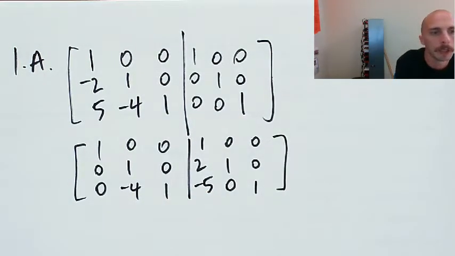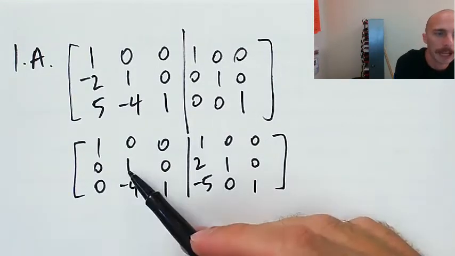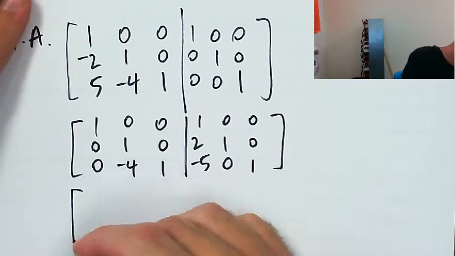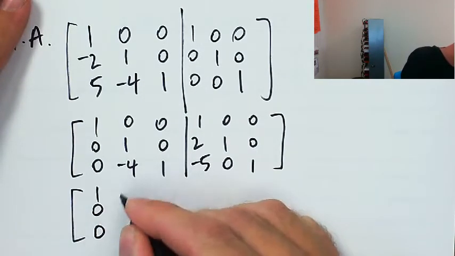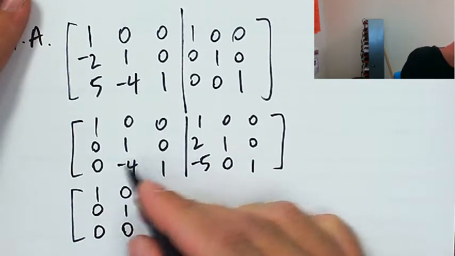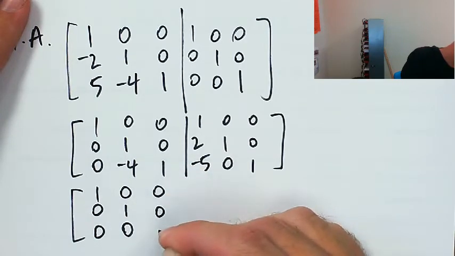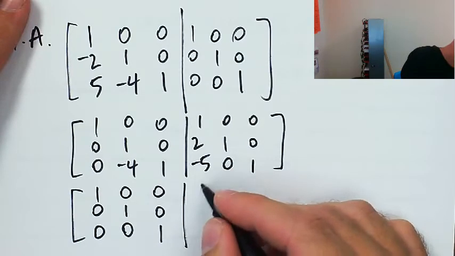Okay. Now I think the next order of business is going to be adding 4 of row 2 to row 3. This one was great. Why can't they all be like this? Okay, adding 4 row 2s to row 3. This is my last step.